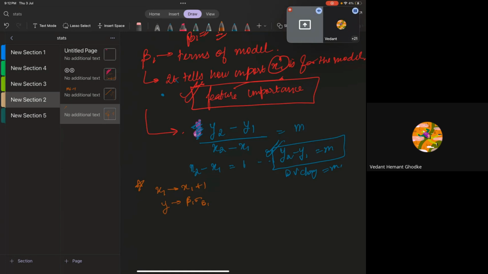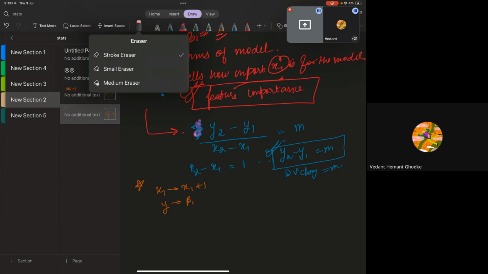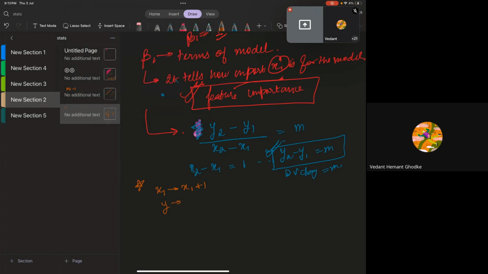What is sigma? Sum. So sum of all the beta, you mean? Actually, it has to be the magnitude of the unit vector.